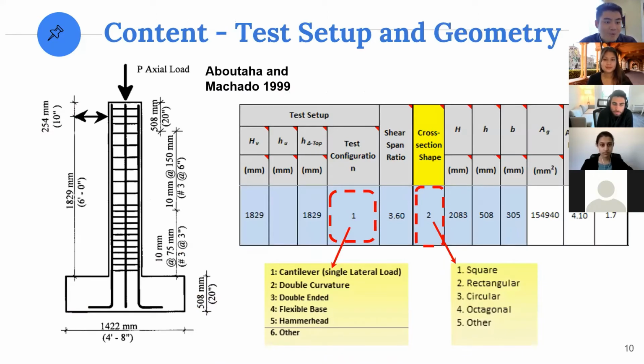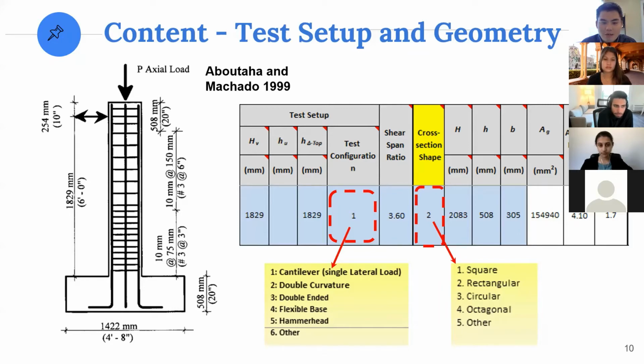And lastly, we have the analytical data, which is where we provide computed data, which is flexural and shear strength. And here is an example of how we collected specimen data. So what we have on the left here is a cantilever column. In the Excel sheet, we indicated the test configuration with a number 1, which stands for cantilever.